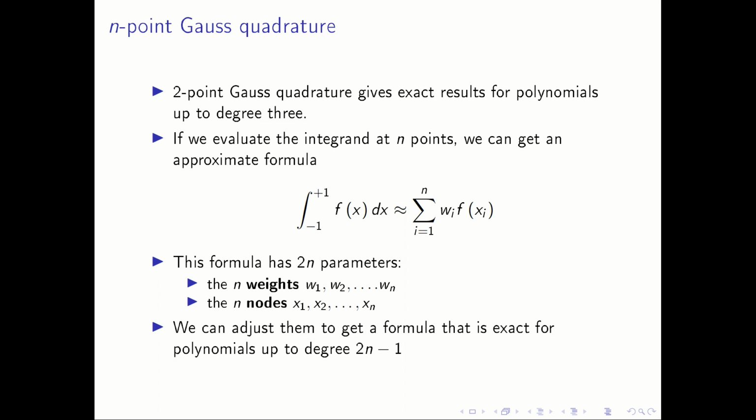Now, the claim is we can adjust these 2n parameters in such a way that we get a formula which is exact for polynomials up to degree 2n minus 1. So if I use 32-point Gauss quadrature, all polynomials of degree up to 63 can be exactly integrated by this formula.